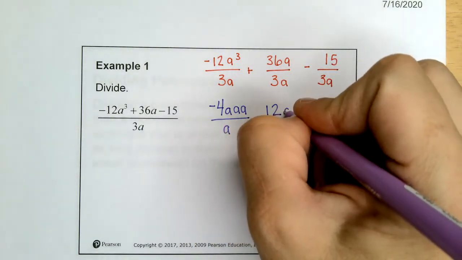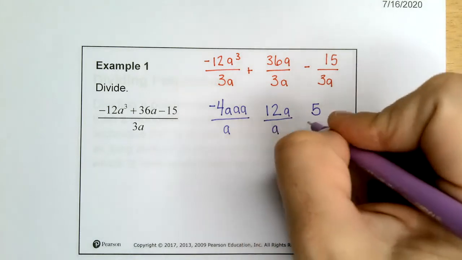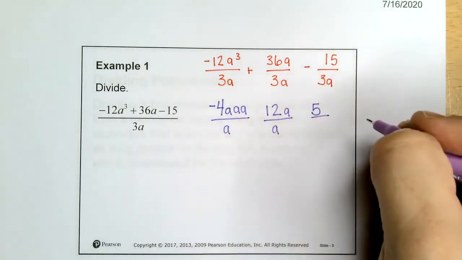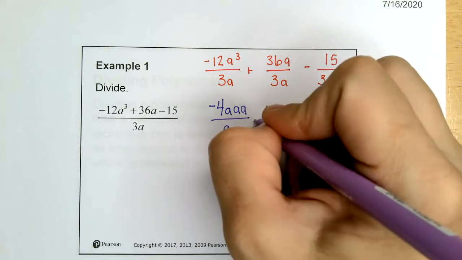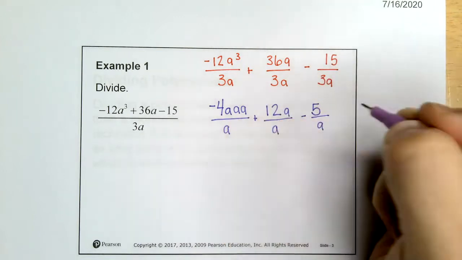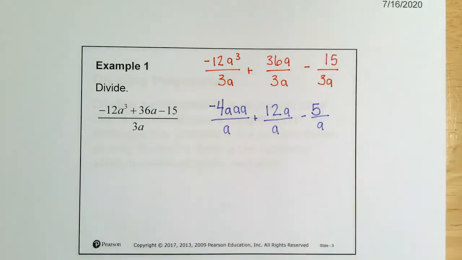Here I have 1 a and 1 a. Here I have no a's on top and 1 a on bottom. So put that plus sign and that minus sign in. All right, so I have negative 4 a to the third over a plus 12a over a minus 5 over a. Okay.